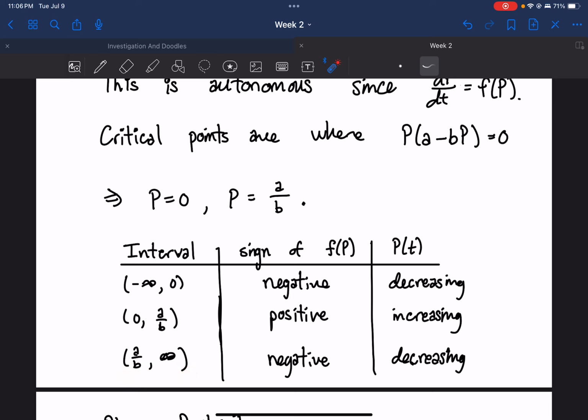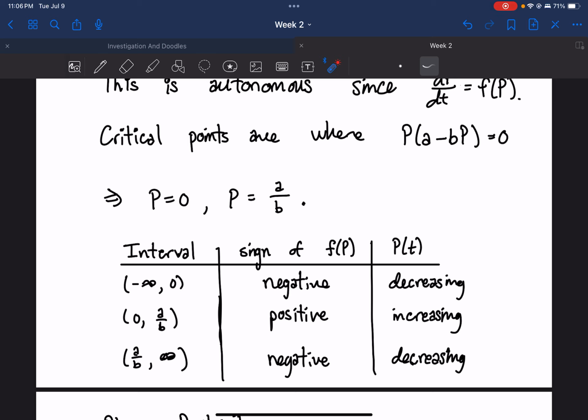And then we just find the sign of f on that interval. Right, so if p is between negative infinity and 0, then f of p is negative. Sorry, what am I saying?